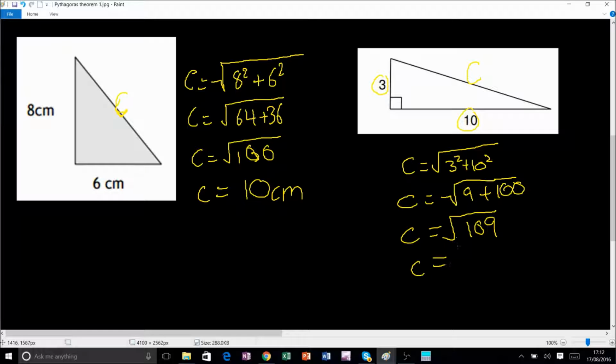So C is therefore 10.44 to 2 decimal places.